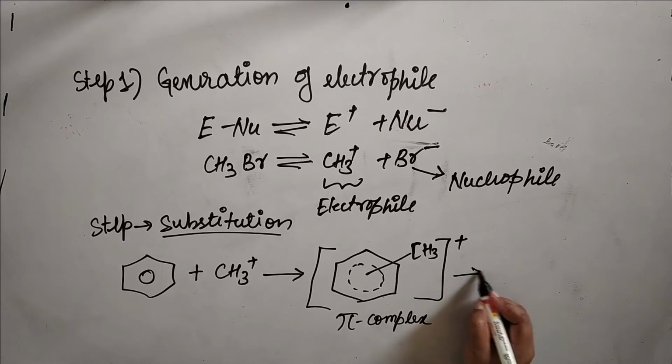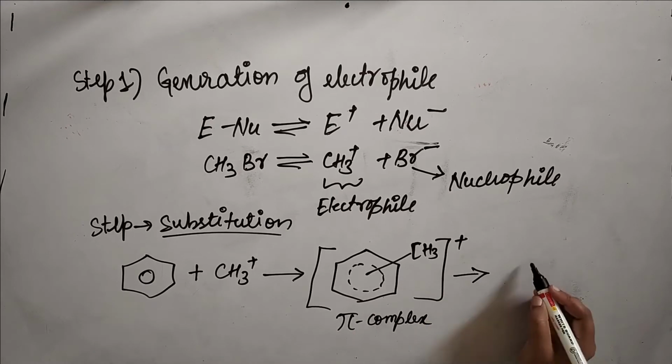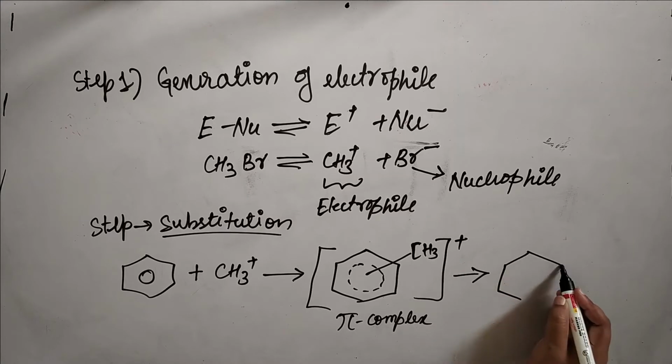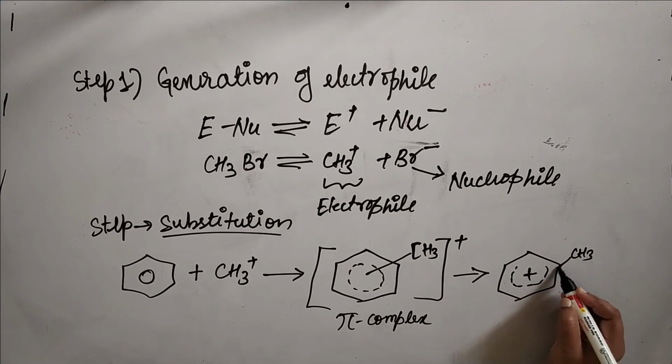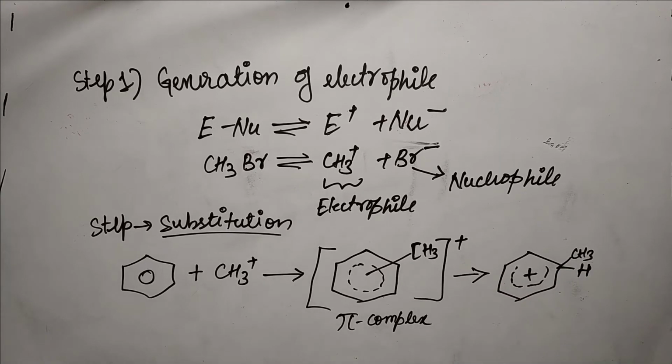After that, rearrangement takes place, and in the rearrangement both the electrophile and the hydrogen, at the place where it will substitute, are present simultaneously at the same site. Here you can see the electrophile and the hydrogen are both present at this site, and inside the ring there is a positive charge; that is called the sigma complex.